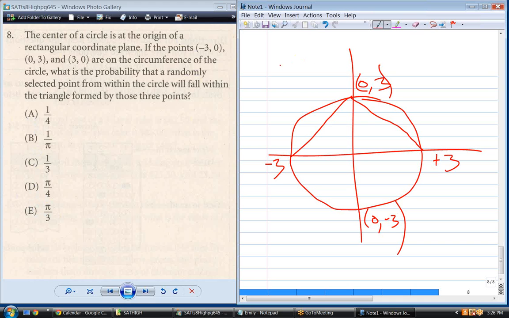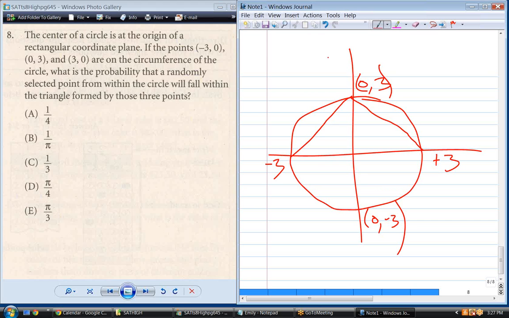Well, probability is all about areas. So we need the area of the triangle and we need the area of the semicircle. Well, it's a 45, 45, 90, so it's an isosceles. Okay, actually, I stated that wrong.